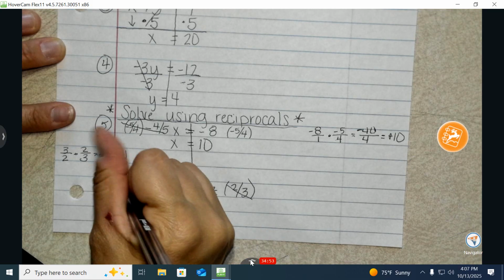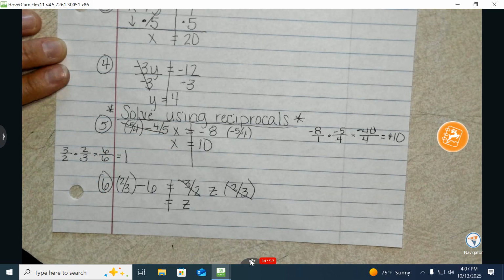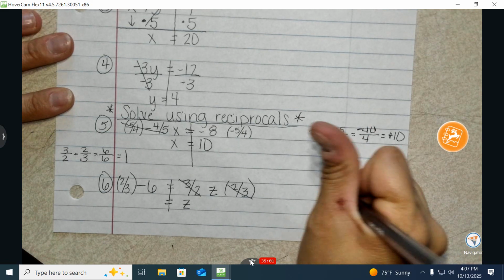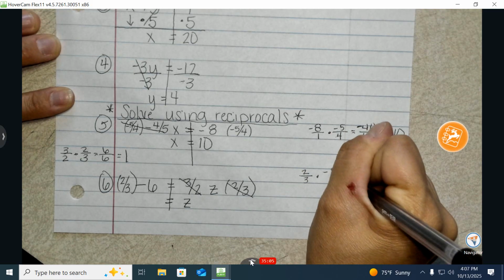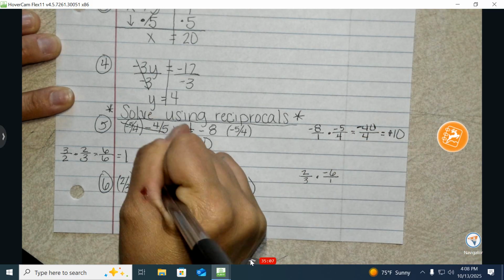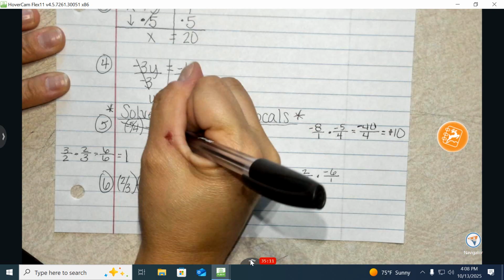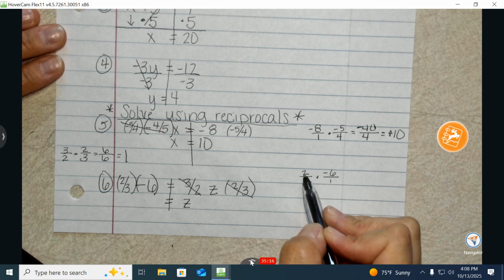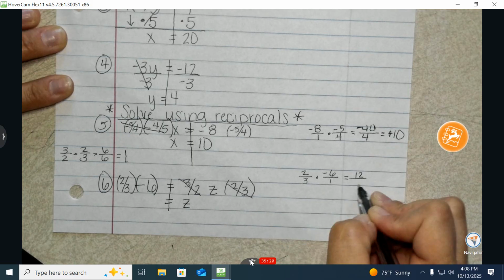Whatever you do to one side, you also have to do to this side. So I'm going to multiply that. I'm going to come over here and do the math. 2/3 times -6 over 1. Make sure that we put that in parentheses so we don't get those confused. Maybe that'll help some. So 2 times 6 is 12. 3 times 1 is 3, oops, sorry, guys.